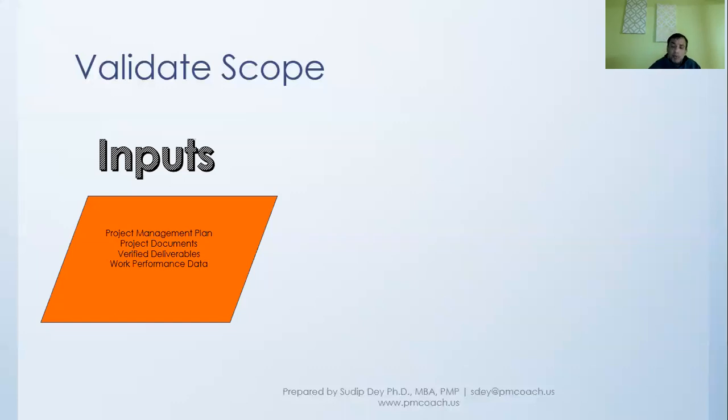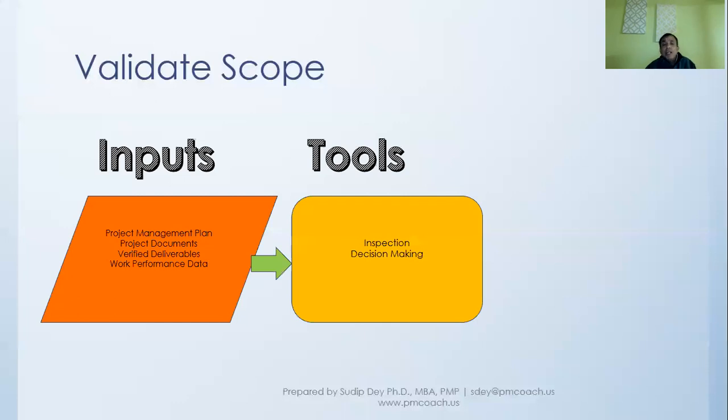And then of course, work performance data. And then the tools that will be used are, again, inspection and decision making. Now, when we say inspection, there can be different types of inspection. One thing to understand at this point is that this inspection will vary based on what application area you are working on.